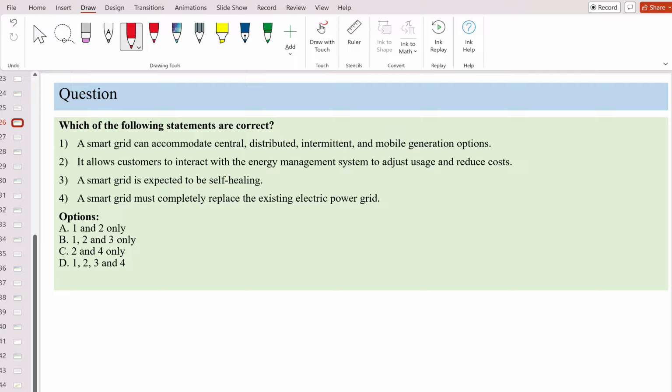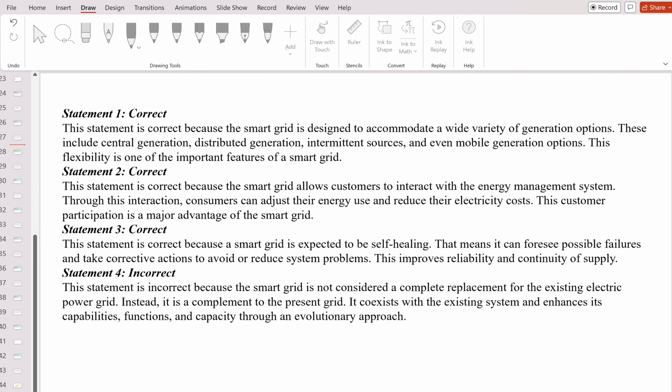Okay, option A. Okay, let me see what the correct answer is.